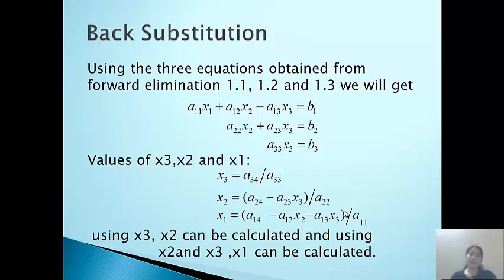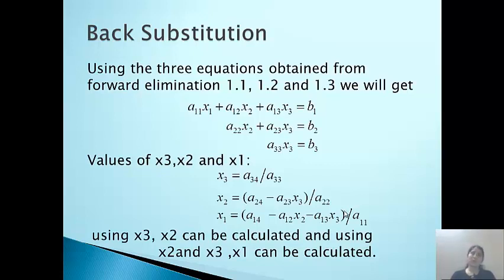Using x3, x2 can be calculated as we have seen, and using x2 and x3, x1 can be calculated, because x1 equal to a14 minus a12 into x2 minus a13 into x3 upon a11. So here x2 and x3 are used, which we have calculated earlier. So we can find the value of x1.